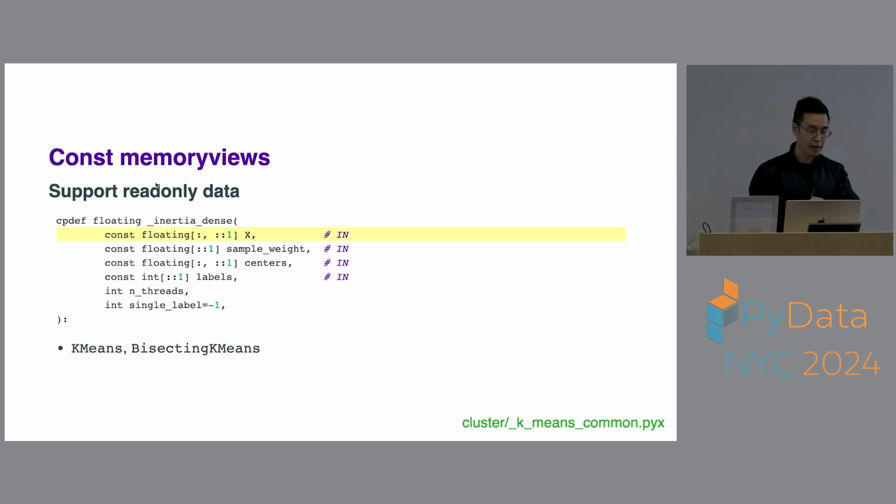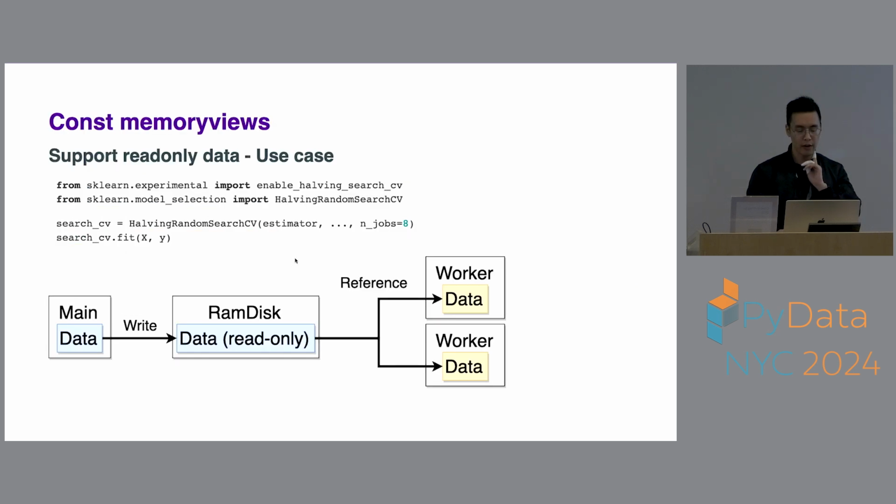We also have const memory views. This is used in k-means and bisecting k-means. It's marked const here, and that means it works with read-only memory views. So you can't write to this X, but you can write to sample weights. This is very useful in the context of how we do multiprocessing in scikit-learn.